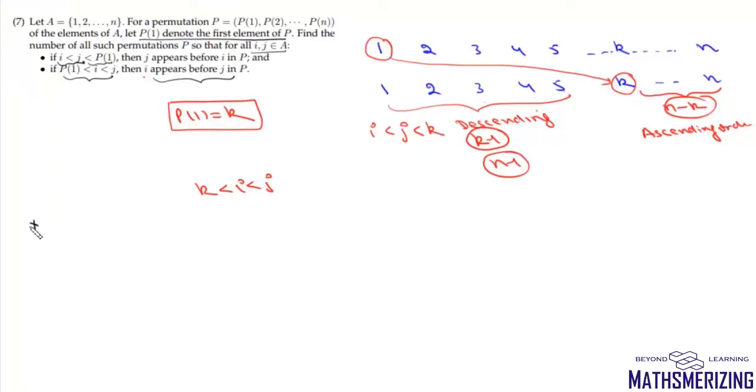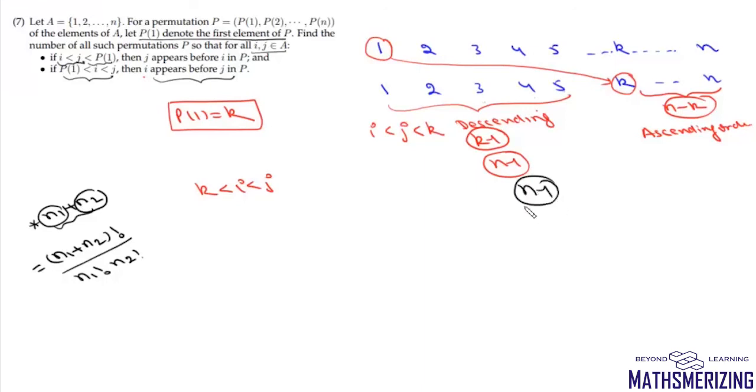Here the simple fundamental is, suppose we have n1 plus n2 objects, then the number of arrangements of n1 plus n2 objects such that the order of n1 should not change and the order of n2 should not change is given by factorial (n1 plus n2) upon factorial n1 and factorial n2. So we have to arrange these n minus 1 numbers in such a way that the order of the k minus 1 numbers should not change, they should appear in descending order, and the order of the n minus k numbers should not change.